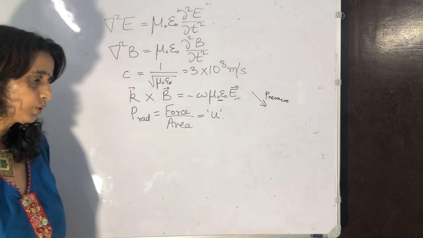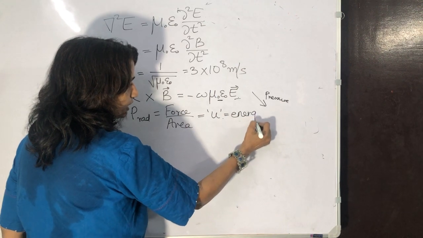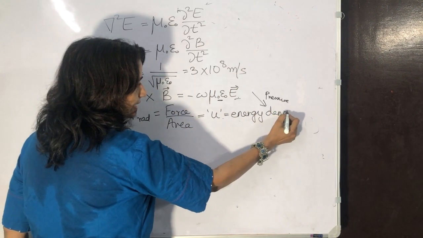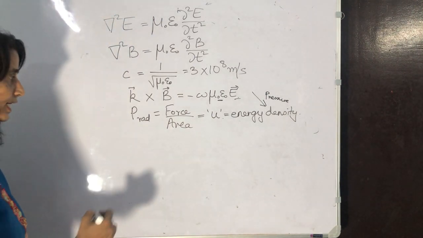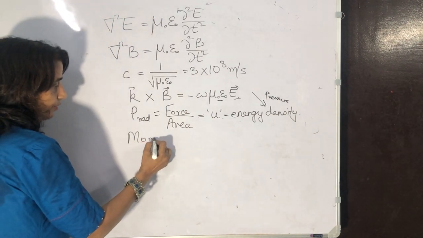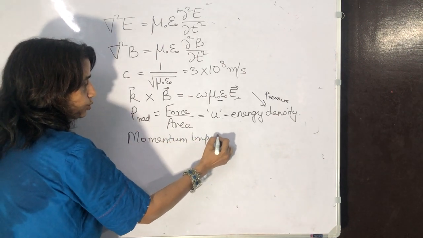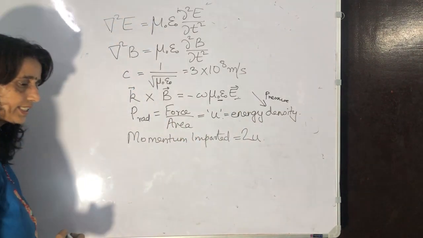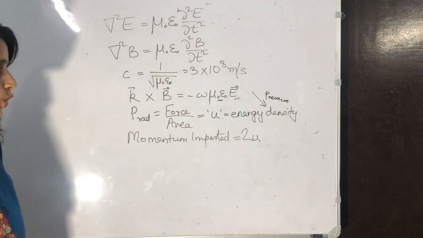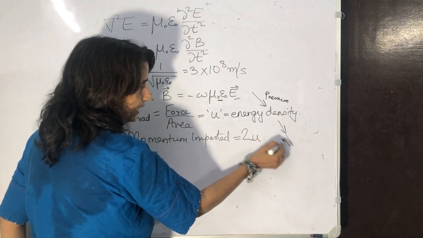So it is equal to the energy density of the wave. Now the momentum imparted to the surface is twice the energy density, that is 2u, because this ray is falling and then reverting back.